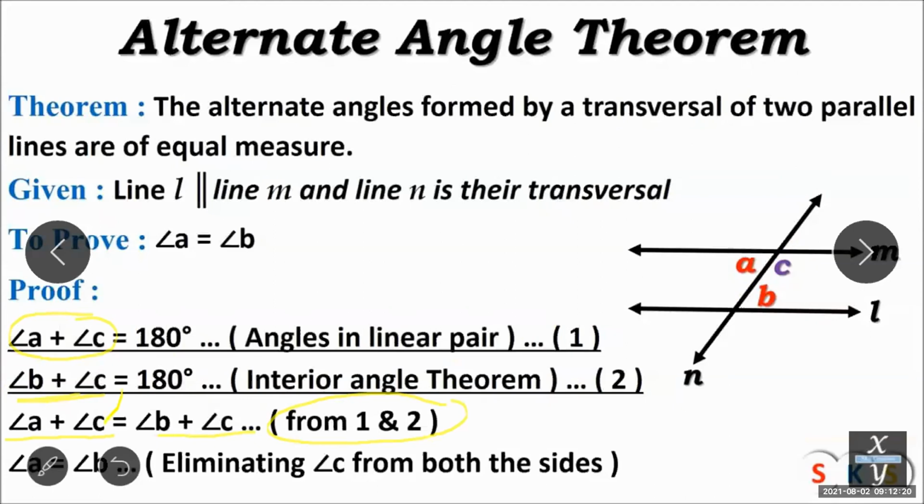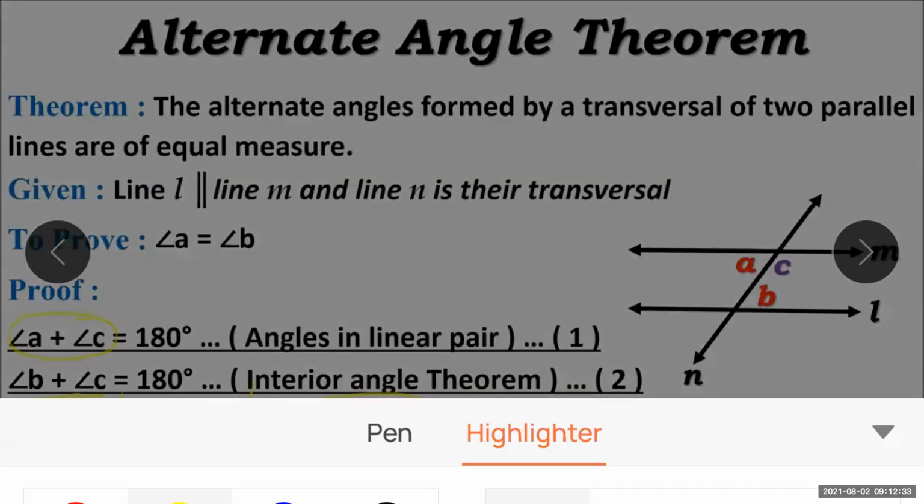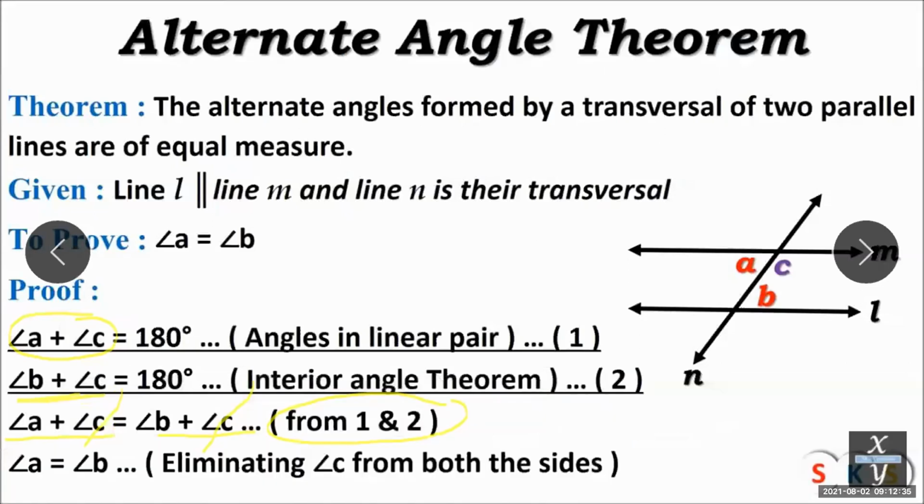So angle C is cancelled with this angle C. And what remains? See the last step here, angle A equals angle B. Now it is proved, angle A equals angle B. Here angle A and angle B are a pair of alternate angles. So it is proved.